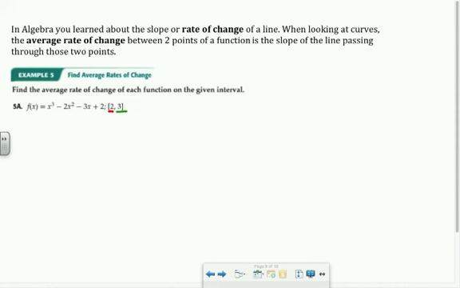Okay, so if it helps, think of it as a table. I've got 2 and 3 as my x values. I need to use my calculator in order to find my y values. 2 to the third minus 2 times 2 squared minus 3 times 2 plus 2 is negative 4.